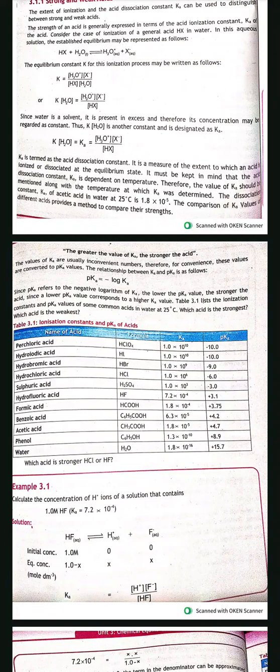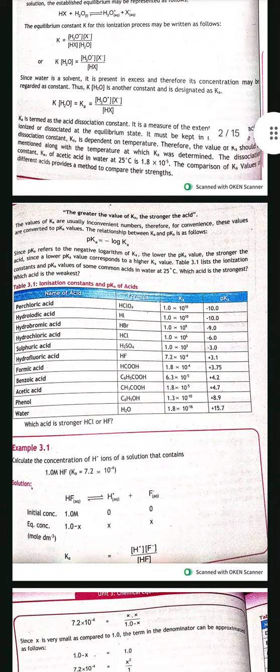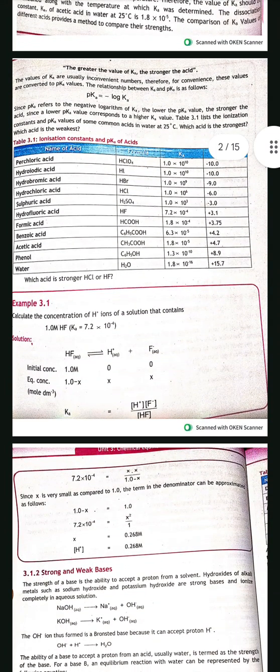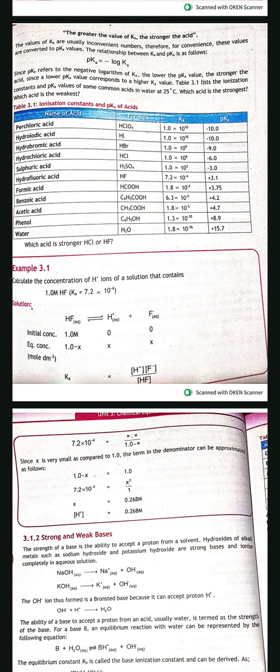And the relationship between Ka and pKa is pKa is equal to minus log Ka. Since pKa refers to the negative logarithm, the lower the pKa value, the stronger the acid, since the lower pKa value corresponds to higher Ka value. So when the value of Ka is higher and pKa value is lower, we have the strong acid. We can see that in this table as well.